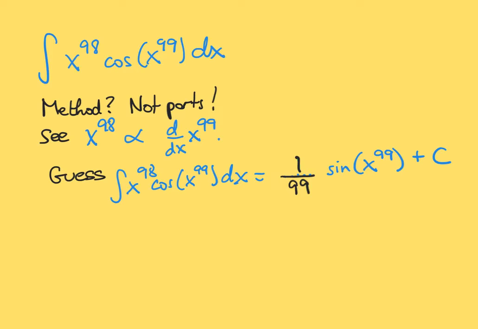That will be 99, which will cancel with that, times x to the 98. So I will be left overall with x to the 98 times the cosine of x to the 99. And that is exactly this integrand, so we've written this down correctly.